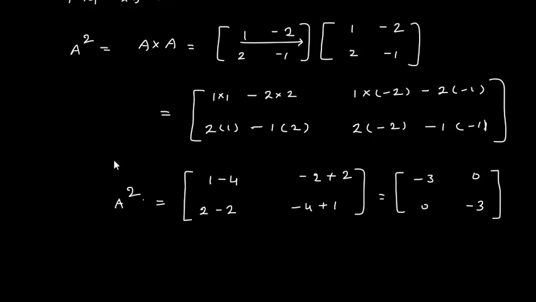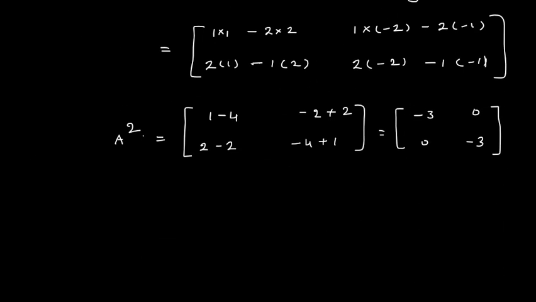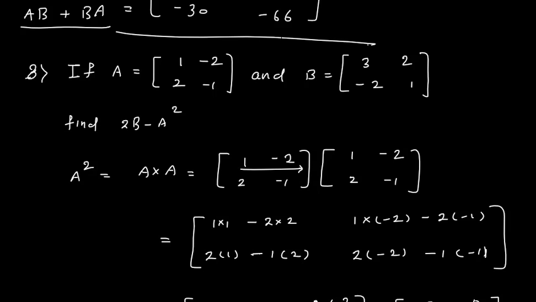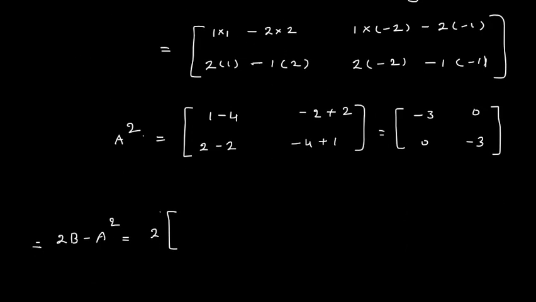Now we have to find 2B minus A square. So therefore, the value of 2B minus A square is equals to, so 2B means 2 into [2, -2; 3, 1]... this is 2B minus A square.